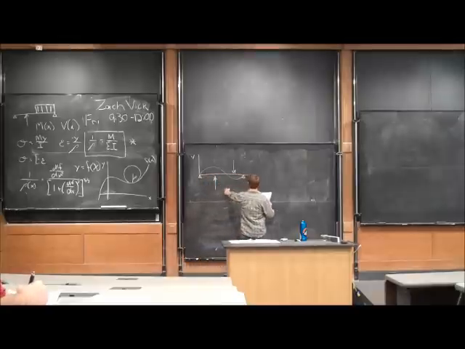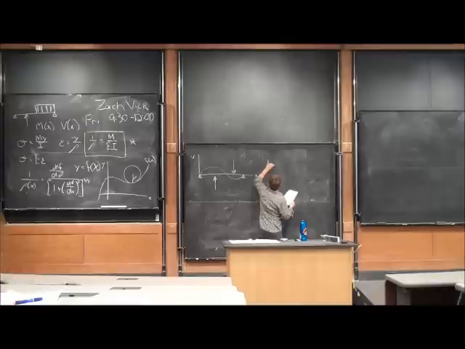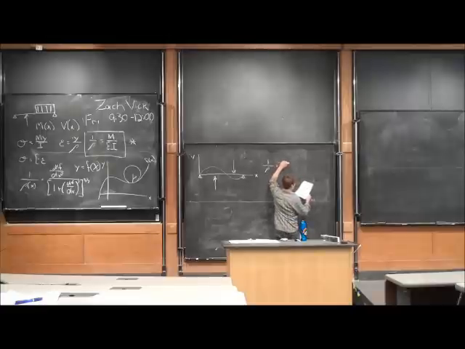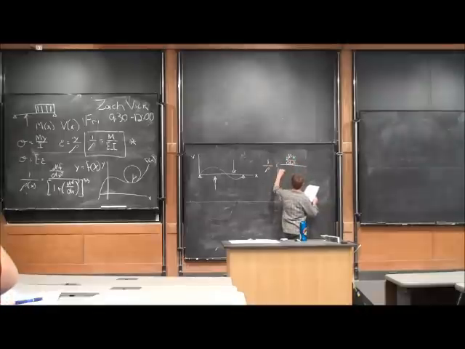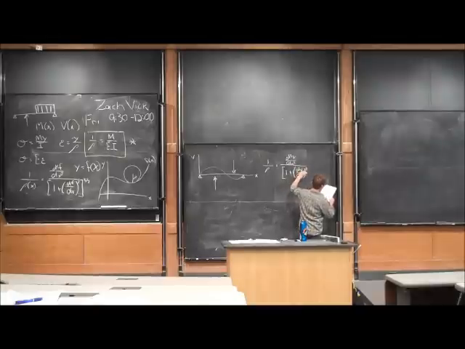But if we call v the deflection and we call this axis x, we can see that 1 over the radius of deflection from that equation that we saw earlier is going to be the second derivative of v with respect to x, over 1 plus (dv/dx) squared, all to the 3 halves.